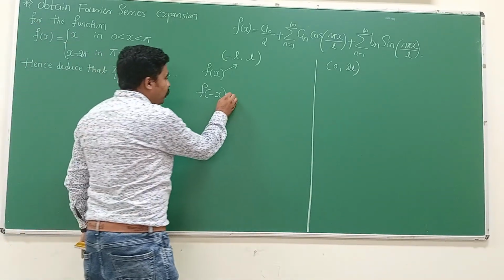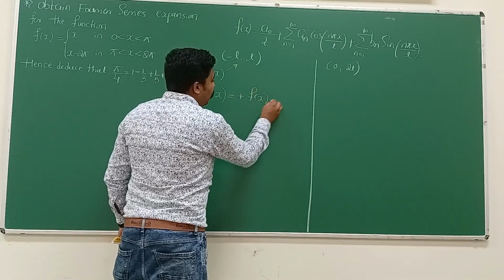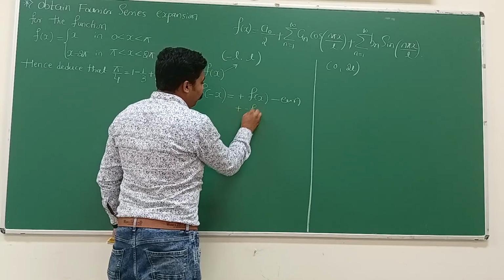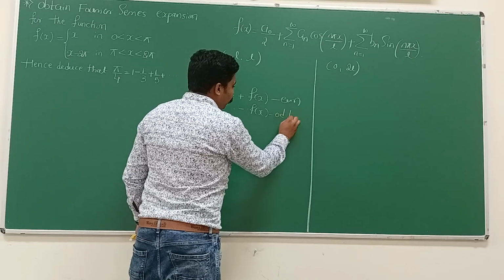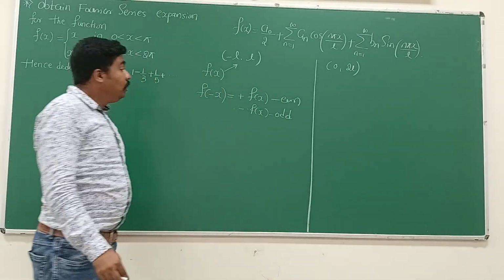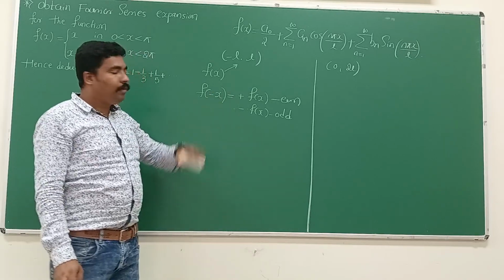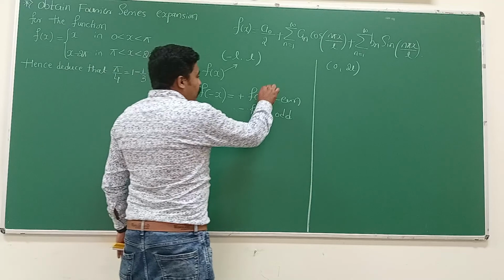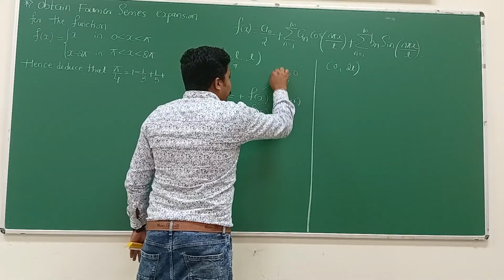in the given function. If we get positive of f of x, then it is called an even function. If I get negative of f of x, then it is called an odd function. For an even function, you can directly write bn as 0.